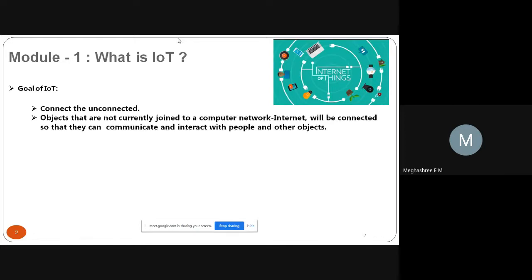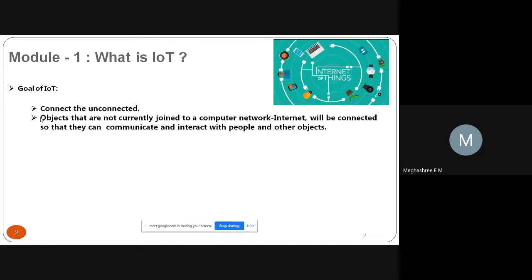As of now, these objects may be your TV or the fan or whatever objects that you find at your place. You can treat those as objects here. And these objects, as you know, are not currently joined to the computer network, or you can say they are not connected to the internet, right?